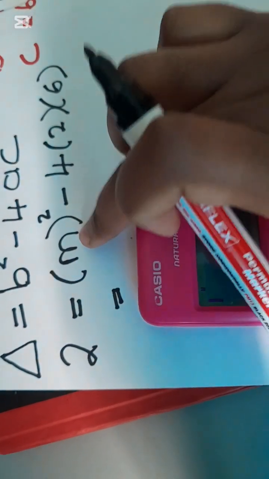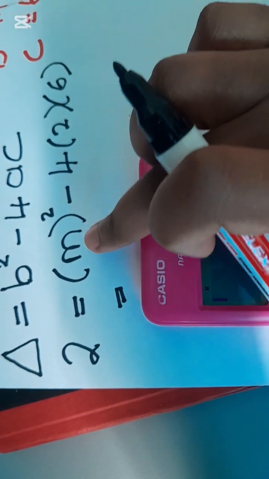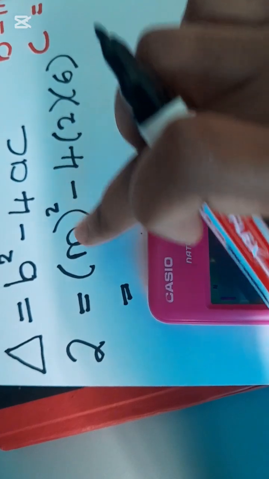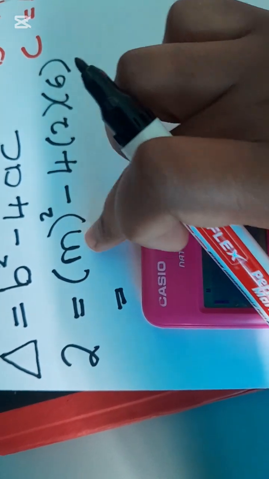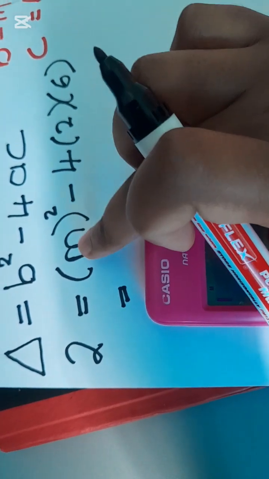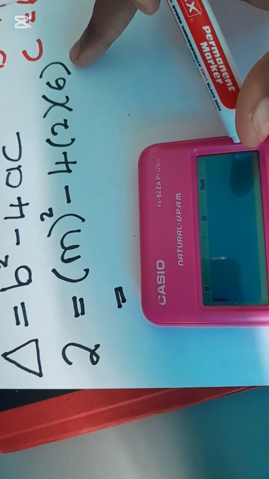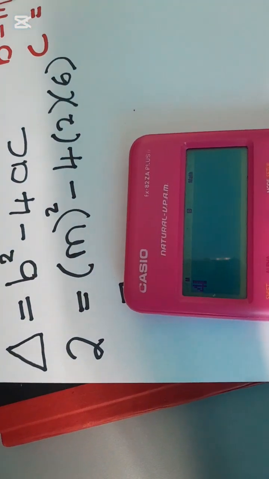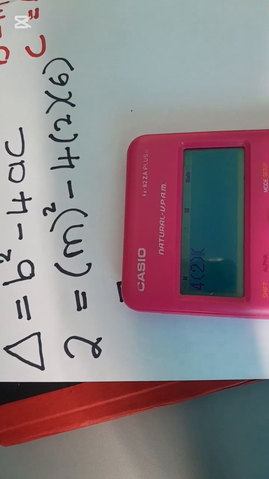Since here we have our m, we have to make sure that we make it the subject of the formula. So yeah, we're going to deal with that later. Now let's calculate this so that we put it in a single form. It's going to be 4 multiplied by 2 and then multiplied by 6.